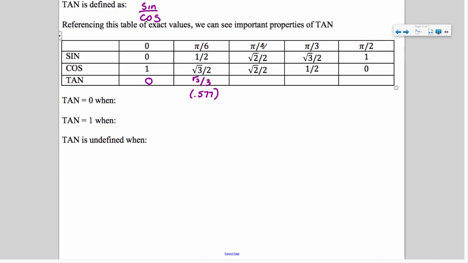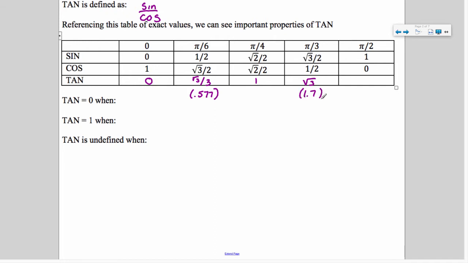Okay, this one's kind of cool and important. At pi over 4, 45 degrees, it's actually 1, because radical 2 over 2 divided by radical 2 over 2 is 1. So that's a nice one. The next one, pi over 3, 60 degrees, that's going to be radical 3, and in case you're wondering, that's about 1.7 with unending decimals.